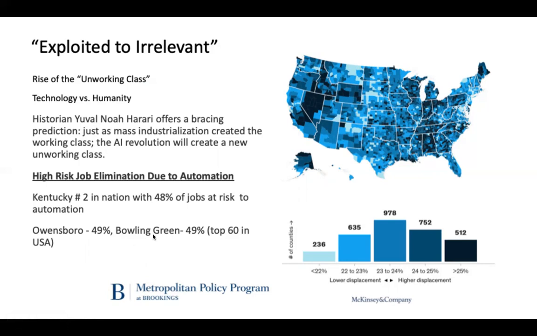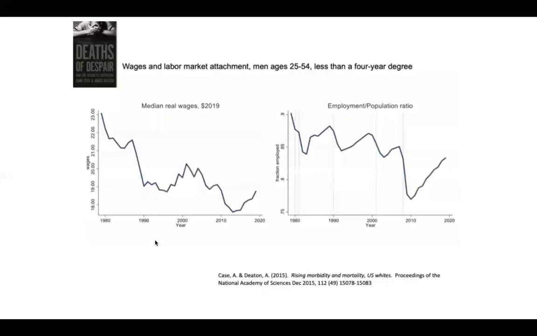And so, mass industrialization created a working class, and the AI revolution will create the unworking class. And so the question is, how do you deal with that? Do you have universal basic income where everybody's guaranteed a way to make a living wage? How do you take care of people?